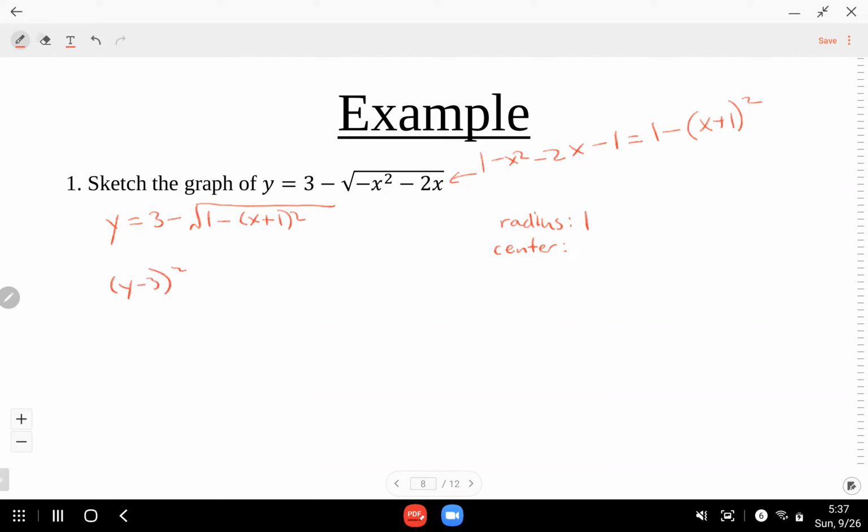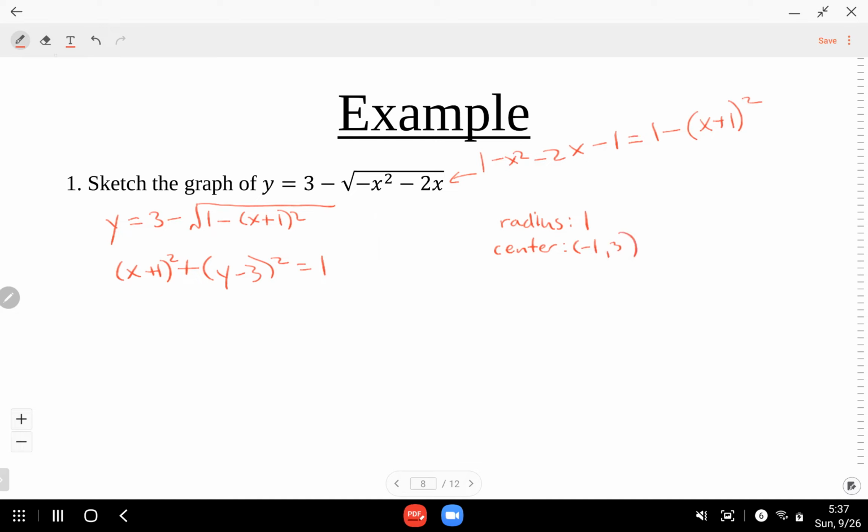Normally the circle would be x plus 1 squared plus y minus 3 squared equals 1, so you can see that the center of the circle would be negative 1, 3.